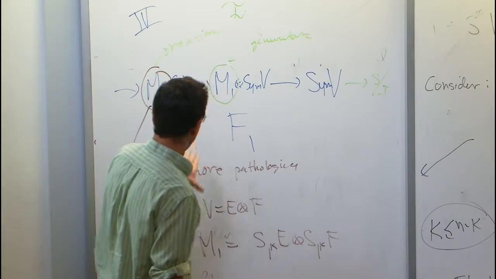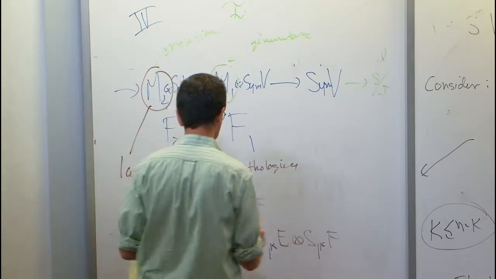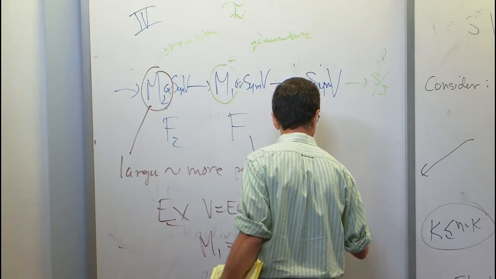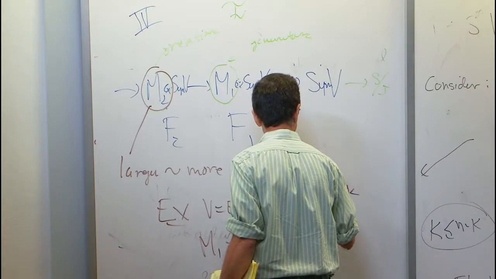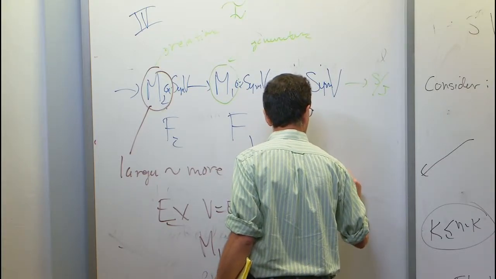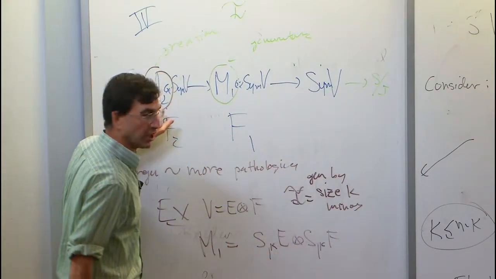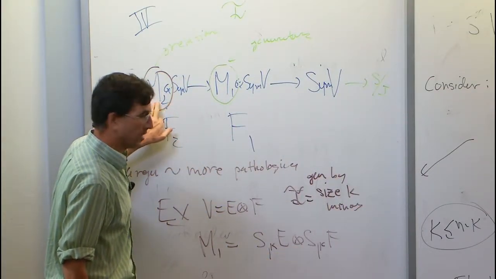So if we're starting with the determinant, so I is generated by size k minors, then the Laplace expansions give us linear relations.